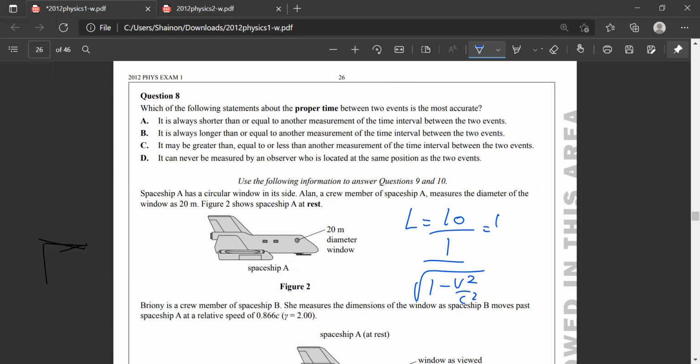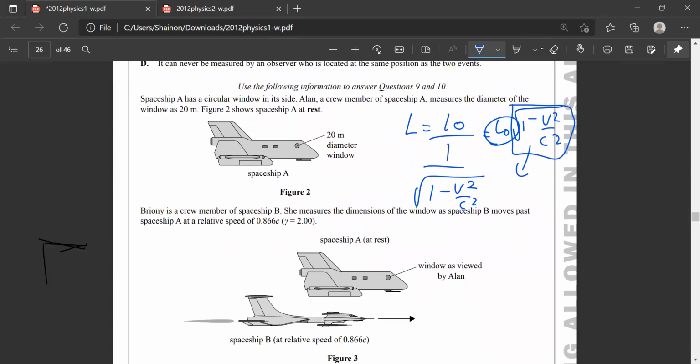What you get is L0 times this. This value here is always going to be 1 or less, like a fraction. So a fraction times this is always going to be less. So it cannot be longer, cannot be greater. It's going to be shorter than or equal to.